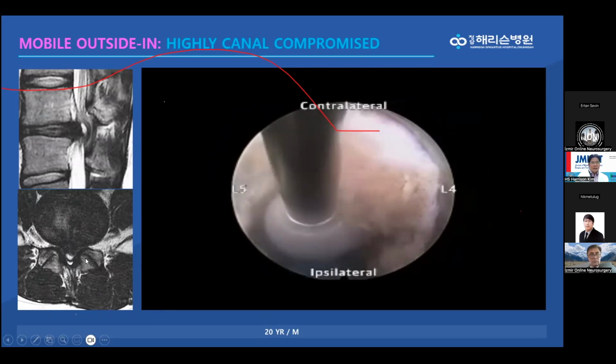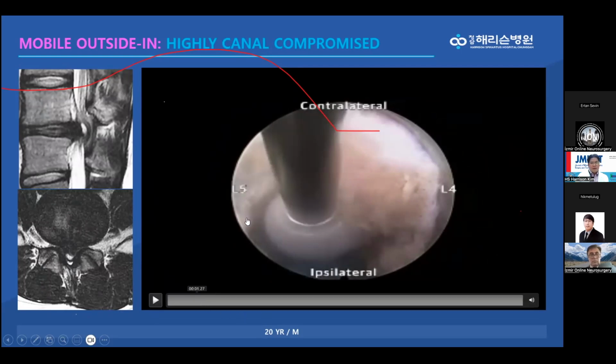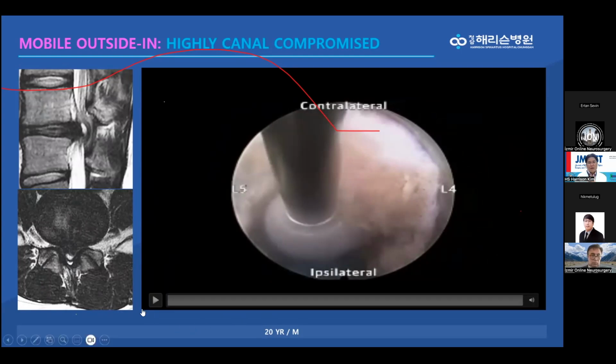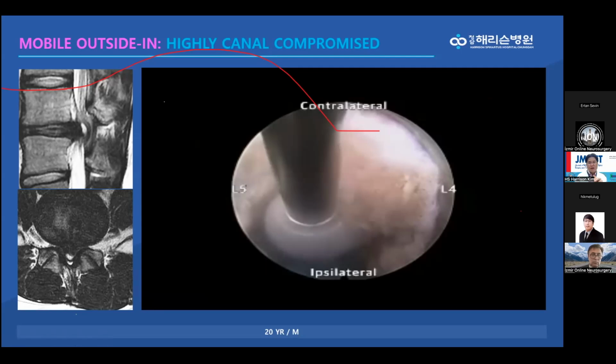Because of that, in spite of the young age, this patient needs a parameter to expose the epidural space sufficiently. But I always do not insert the working channel into the disc space. Always mobilize, docking the working channel to the Kambin triangle.